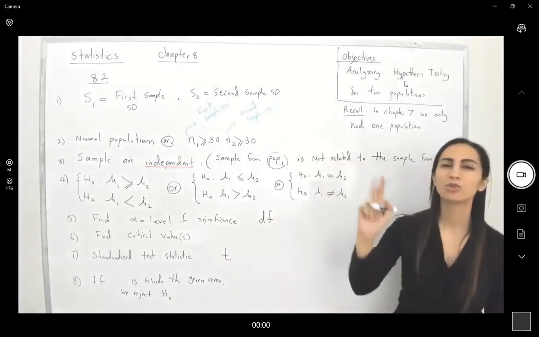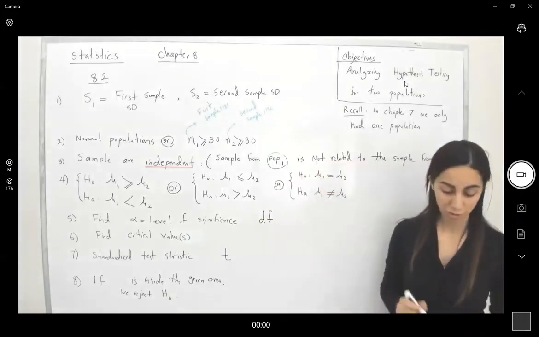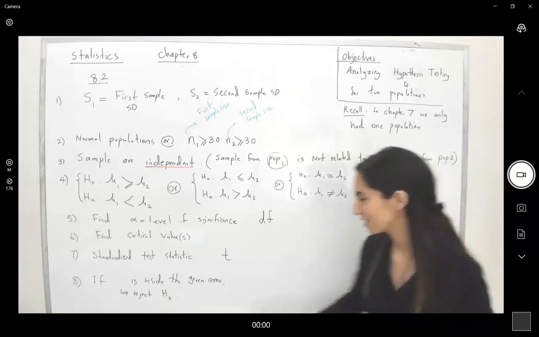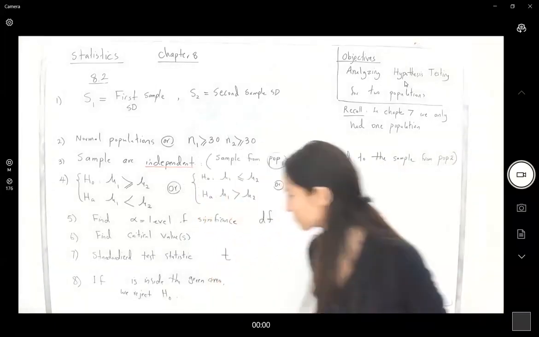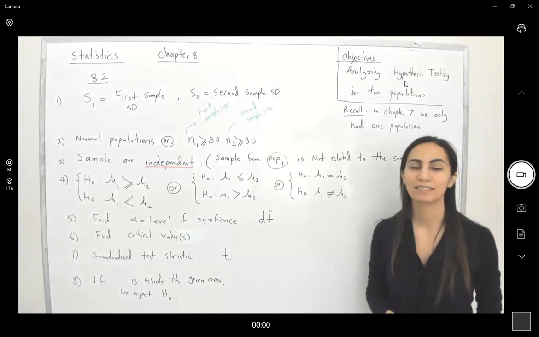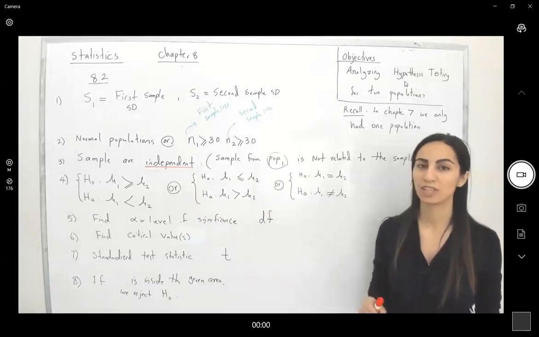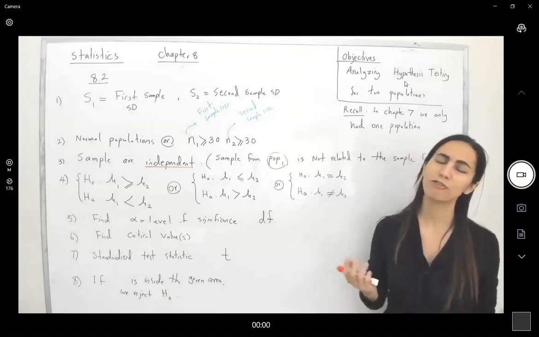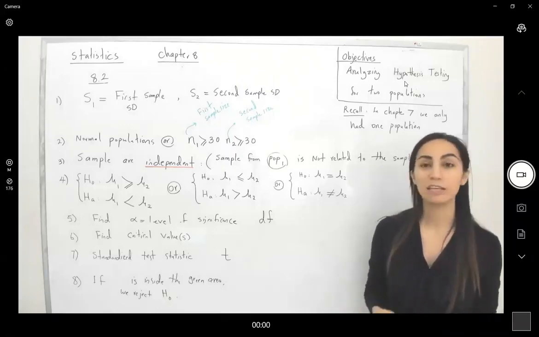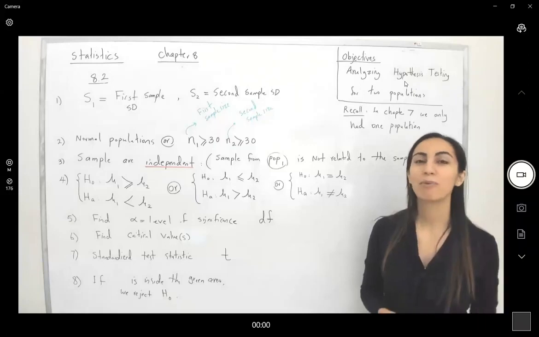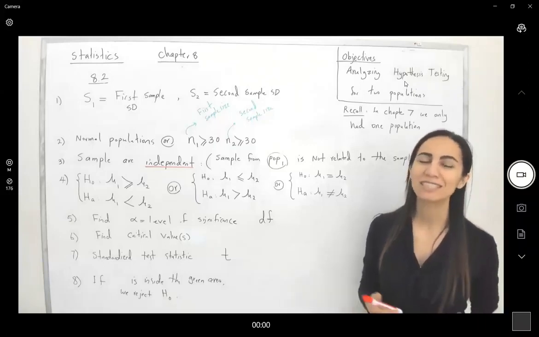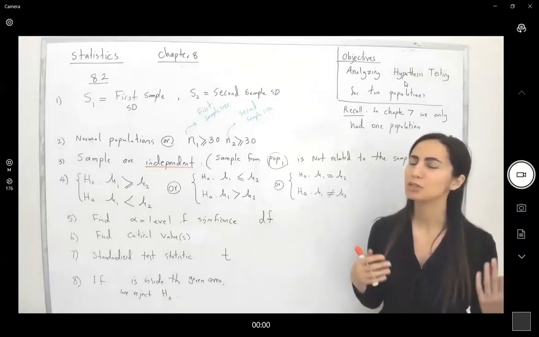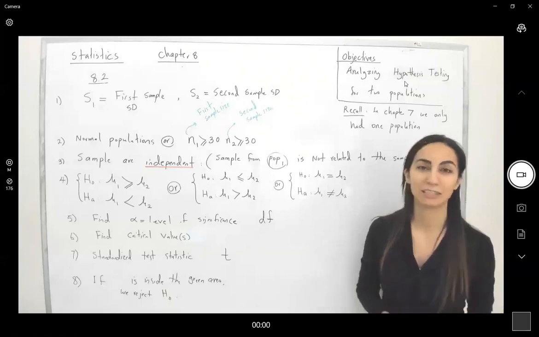Here we have two cases. One case says that if you know that the two populations have the same standard deviation, you have to follow one formula. If you don't know that the populations have the same standard deviation, you have to follow a second formula.